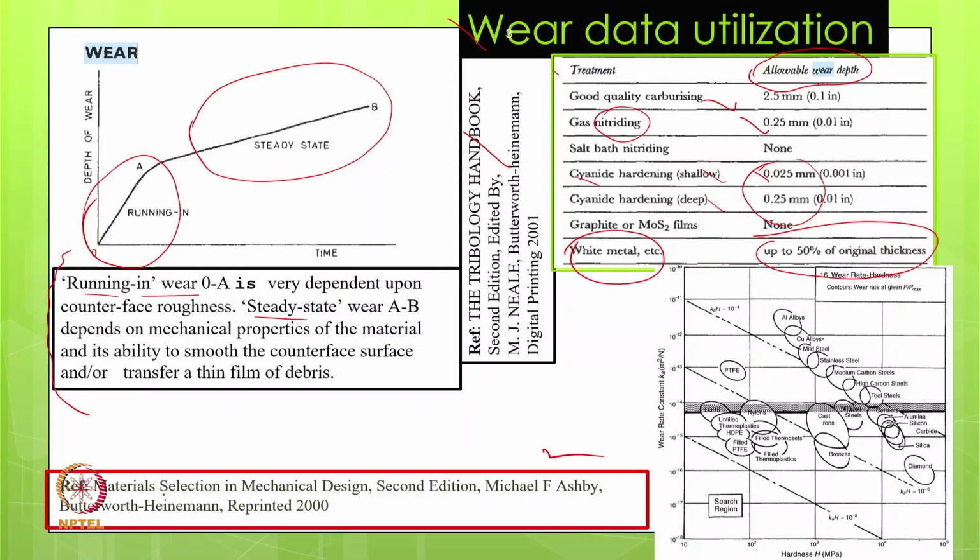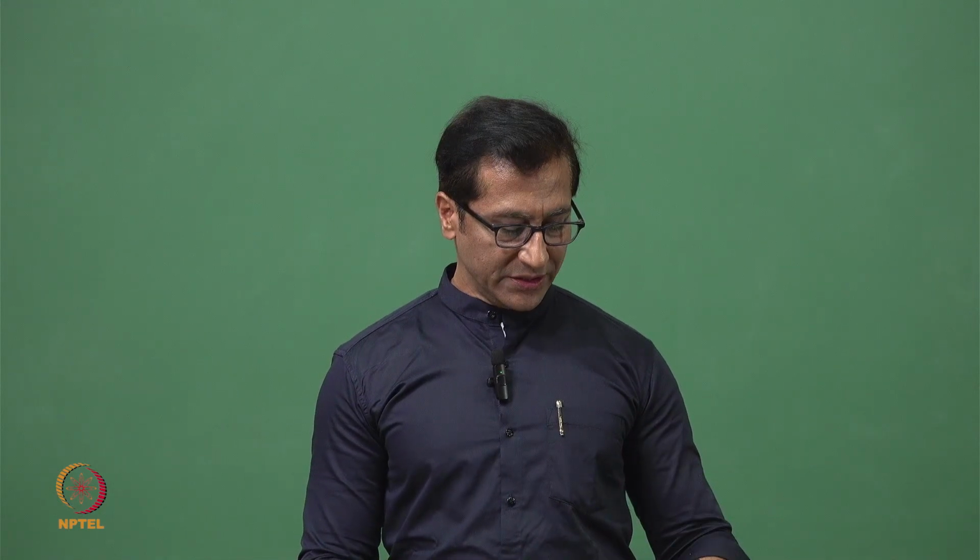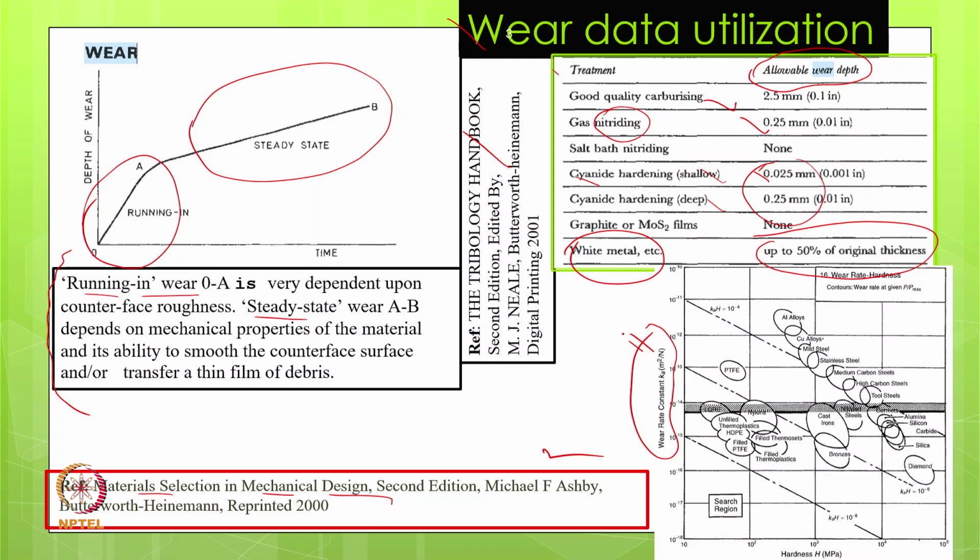Now coming to Michael Ashby's book, which has been published on material selection for mechanical design, you can see he has given the curve for the wear rate constant. We already studied that wear rate can be given in two terms: one dimensional and another dimensionless. In this case he has expressed it in dimensional form, and the plot is given as hardness versus wear rate.